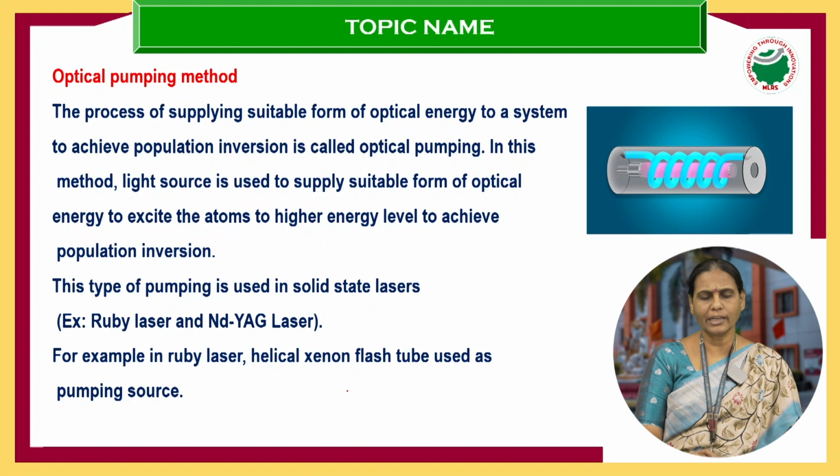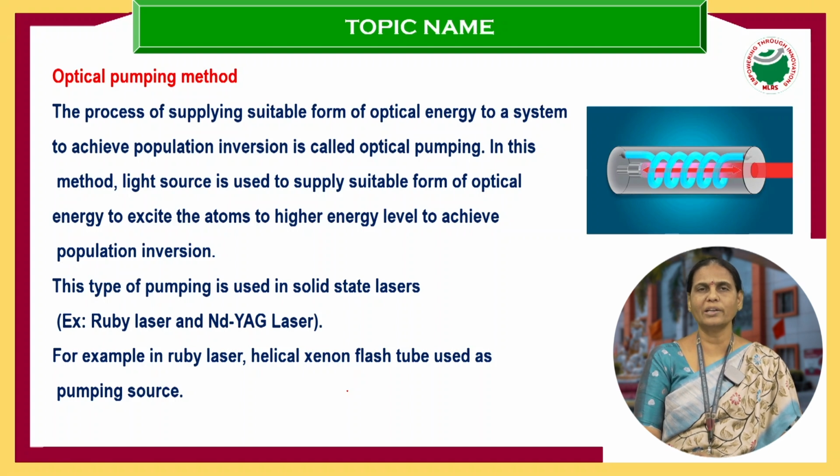So here we are writing, in this method, a light source is used to supply energy in form of optical energy to excite the atoms from the lower energy state to the higher energy state to achieve population inversion. And generally this type of pumping is particularly used in solid state lasers. And the best examples of solid state lasers are the ruby laser and the Nd:YAG laser.